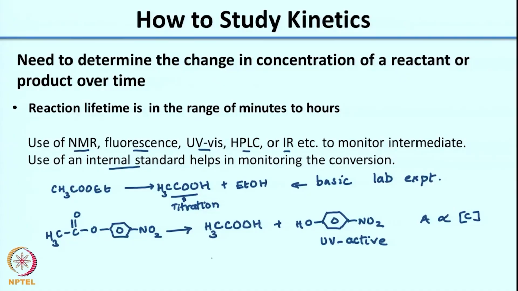You can also use HPLC to monitor how the concentration of a particular species increases with time. Now a lot of times to actually get more quantitative information, people use what is called as an internal standard. So what the internal standard does is, so if this is your reaction, what you do is you will add an internal standard.